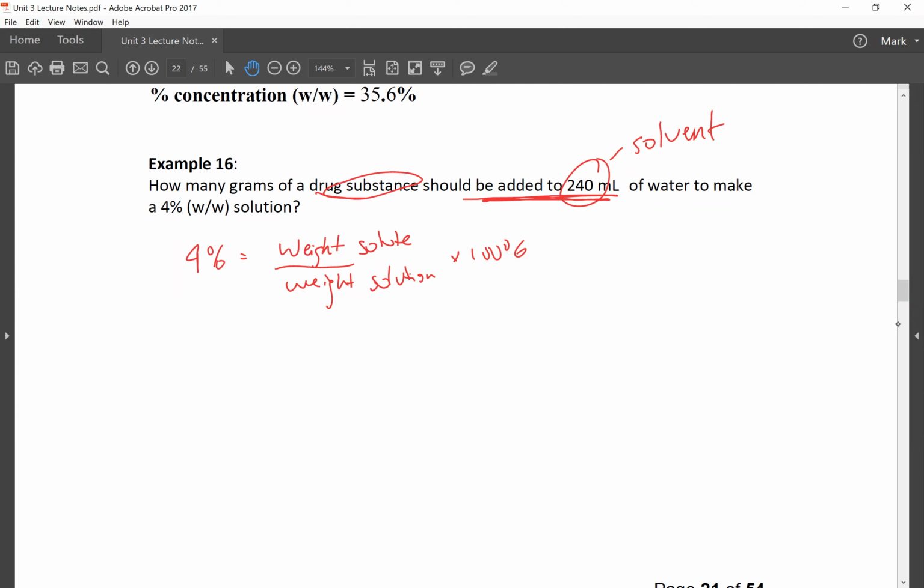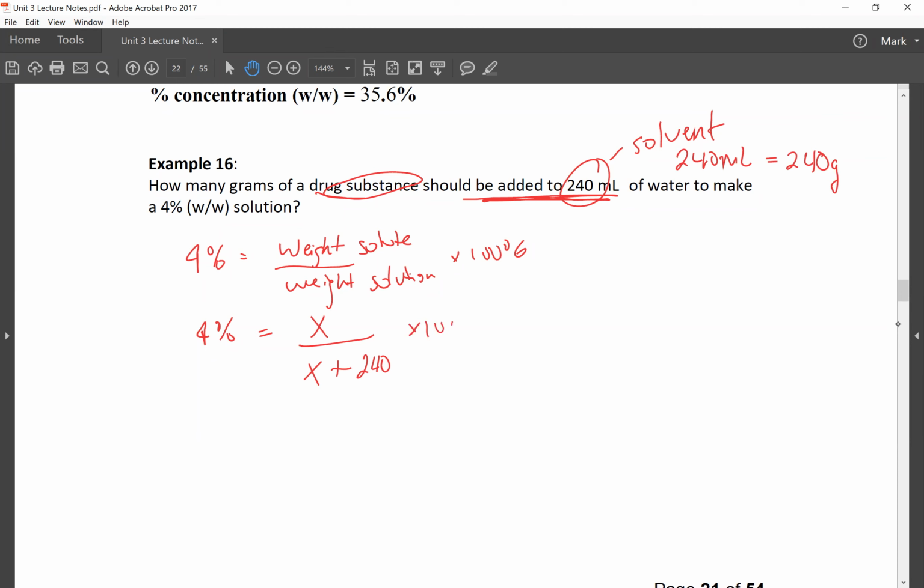So 4% is equal to X, that's what I'm looking for, over X plus 240 grams, times 100. I'm going to leave the G out, but of course, 240 milliliters of water is equal to 240 grams.